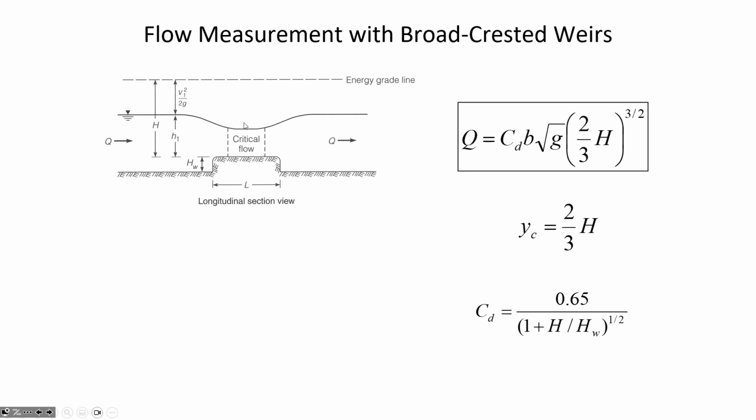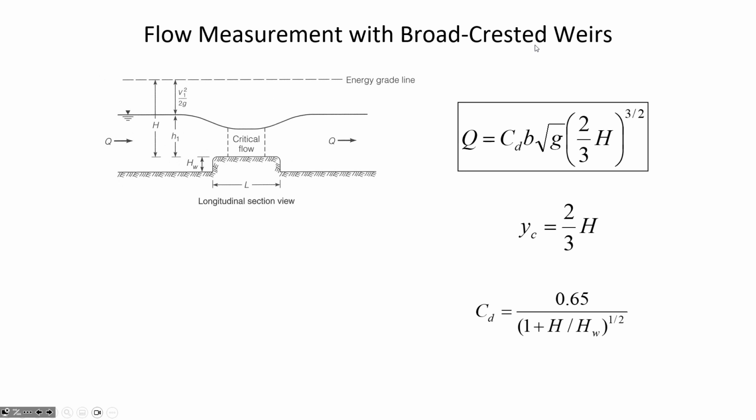If you know the specific energy, that allows you to calculate the flow rate. So basically, broad-crested weirs are a way of identifying what the flow through a channel is.